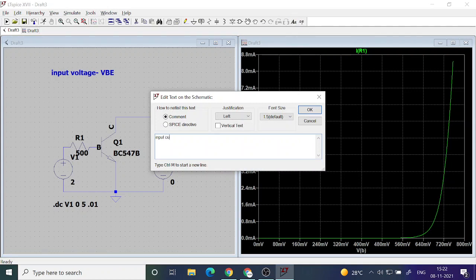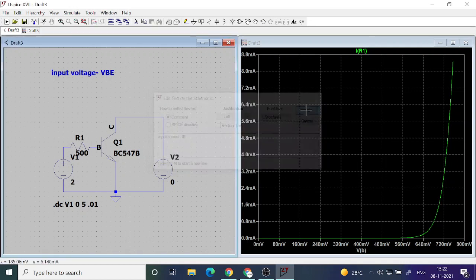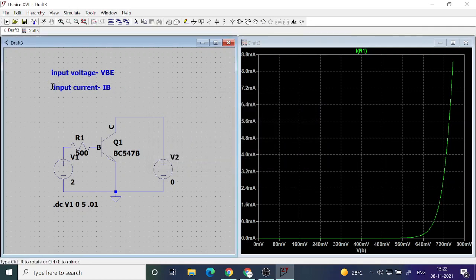Input current is IB. It should be a suffix actually, but here I can't write a suffix, so just writing IB. So input voltage is VBE and input current is IB. So IB versus VBE is what you are seeing. This is called the input characteristics.